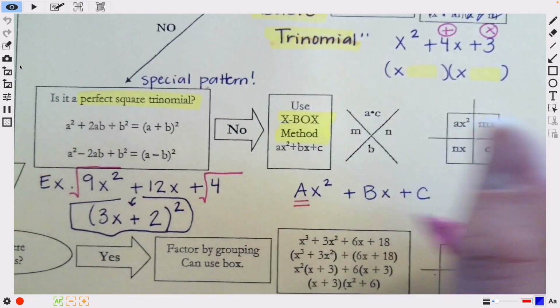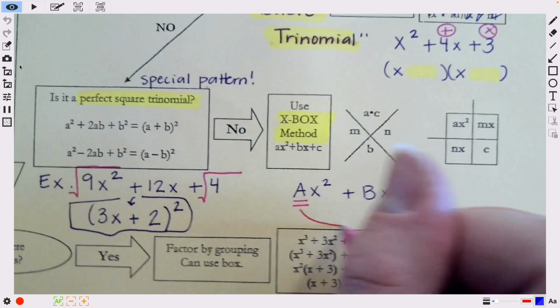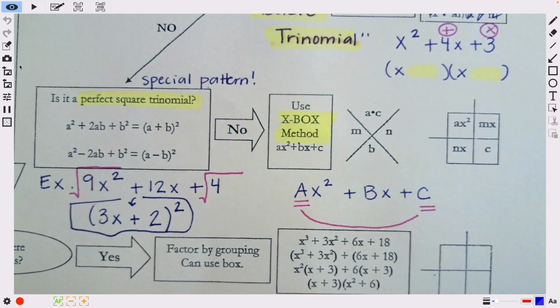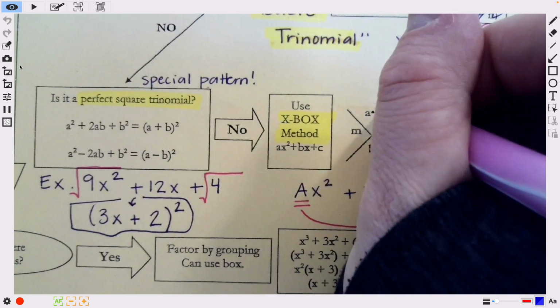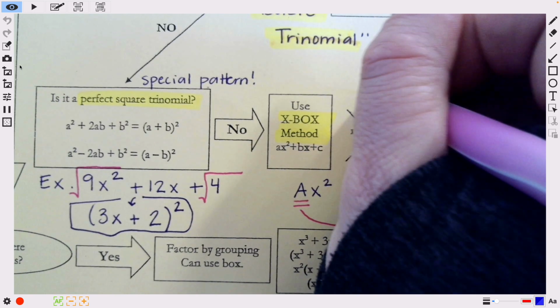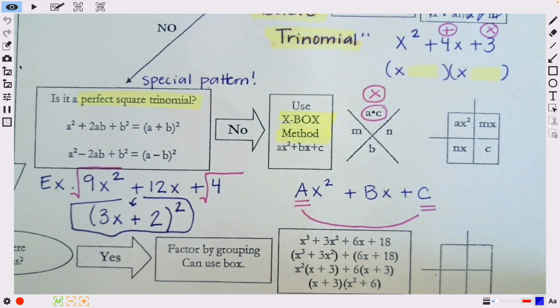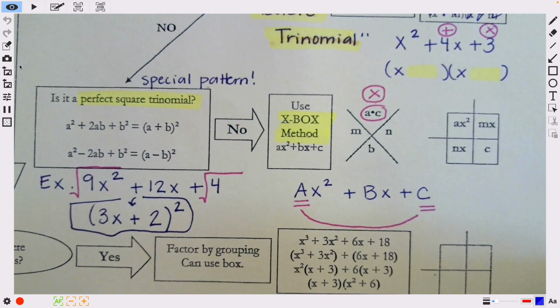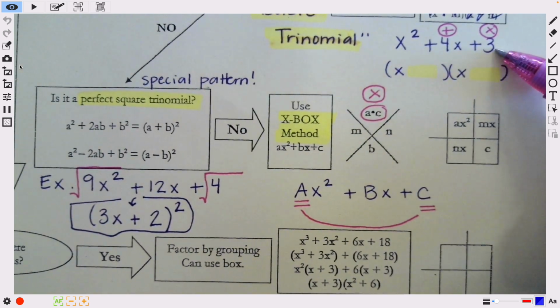The A times C is what gets multiplied to make this top part. That's always the number you're multiplying to. And it's really kind of still like here, what multiplies to 3 and adds to 4.